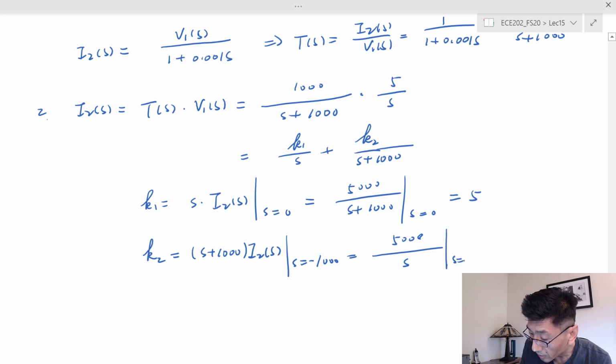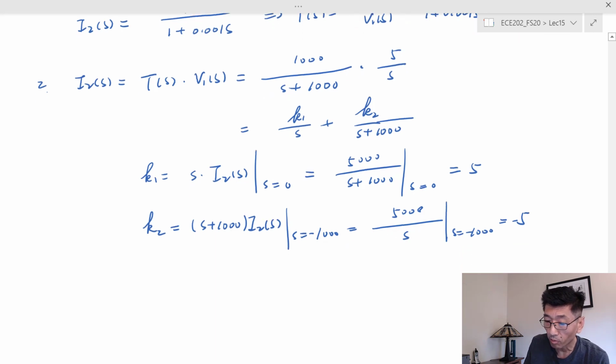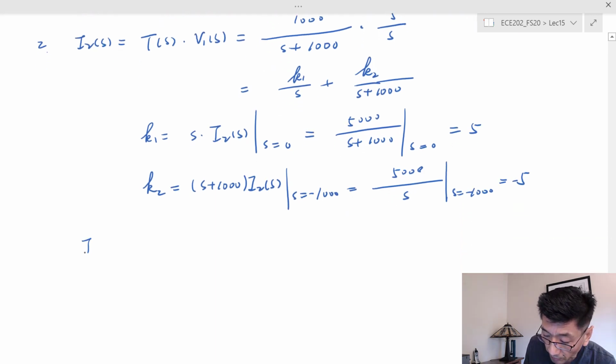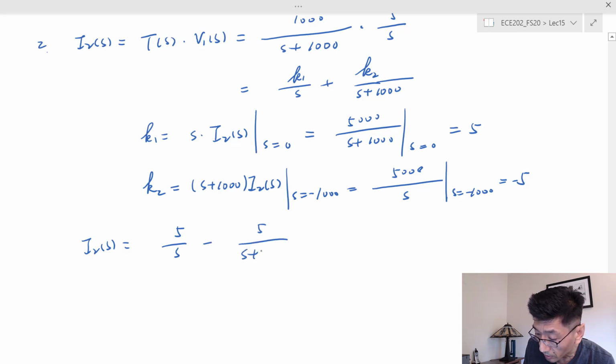With s equal to -1000, we get -5. Therefore I2(s) is equal to 5 over s minus 5 over s plus 1000.